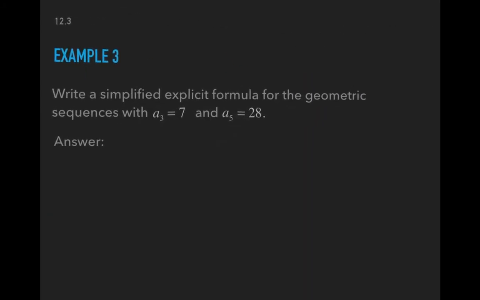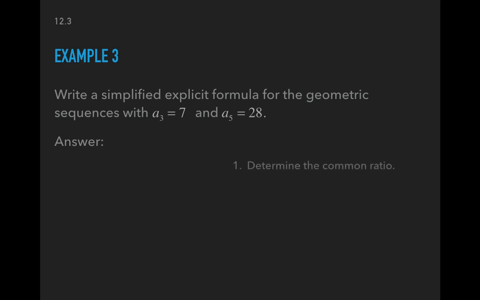Let me show you in this example. We're going to write a simplified explicit formula for this geometric sequence, and we know two terms in the sequence. What we don't know is the rate. That's what we're going to try to find. So we'll substitute in. You'll want the larger term to be what you're setting it equal to.